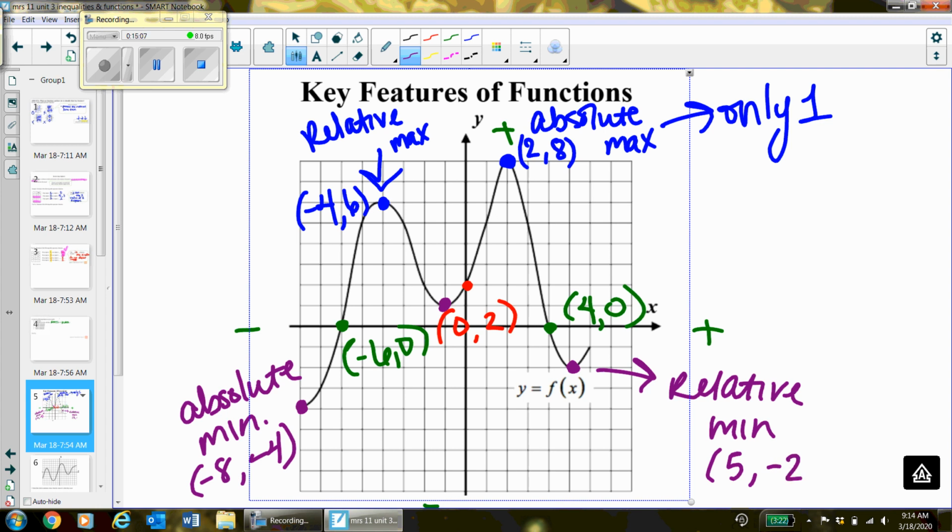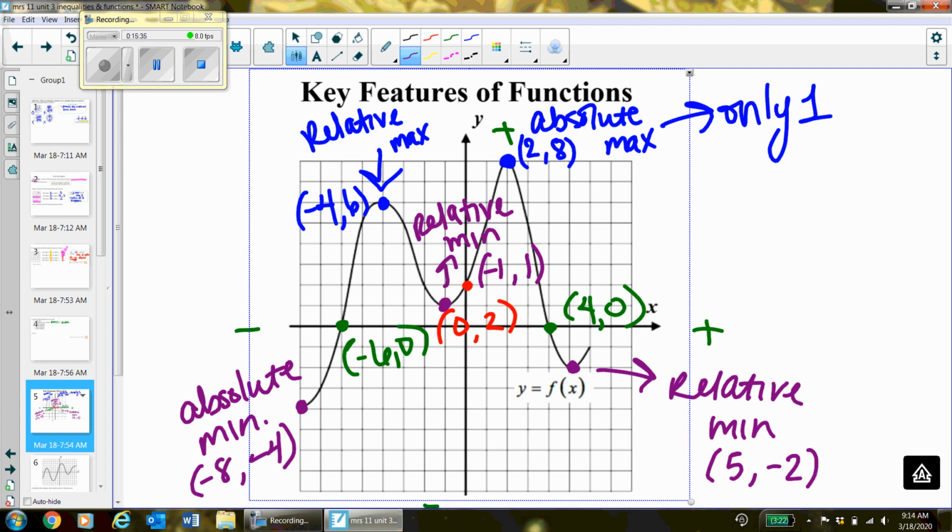And that'll be -2 for our y value. Okay? And then the relative minimum here, this point is over -1, up +1. So that's -1, 1, for this relative minimum in the center.